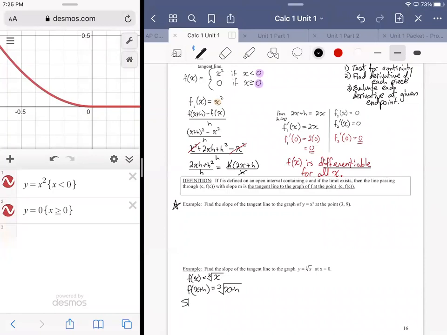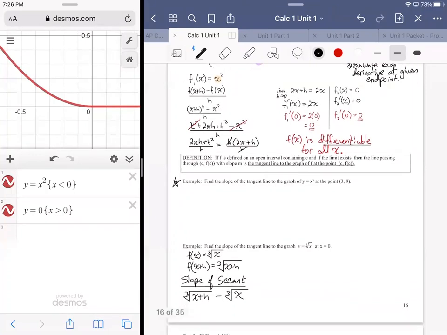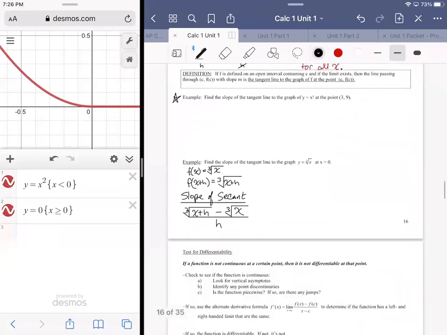And so for the slope of the secant, I'd be taking the cube root of x plus h, subtracting. One sec, let me just write this real quick, then I'll scroll up. Then the cube root of x, and then all over the h. All right.